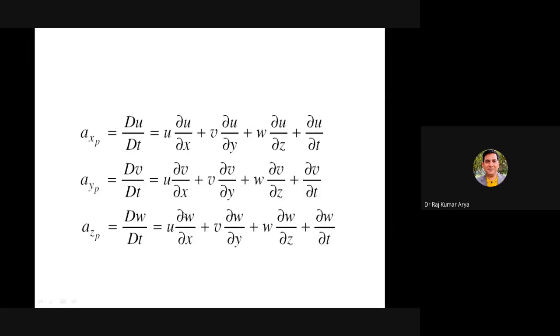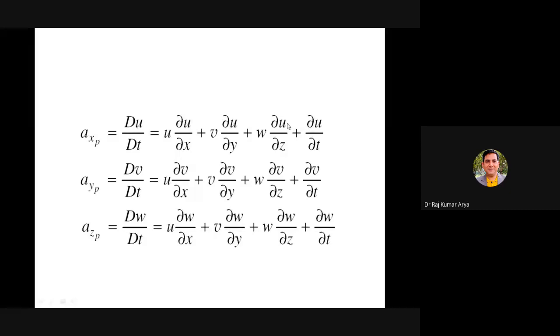For the x direction component, your velocity vector is replaced by the x component of velocity only. Previously here was the v vector, so that is replaced by u here, and this one also.